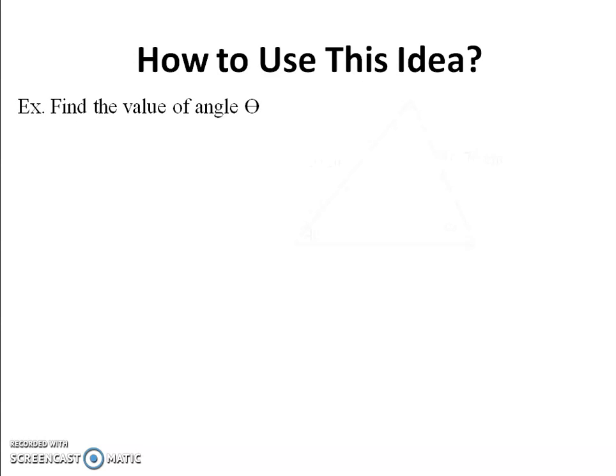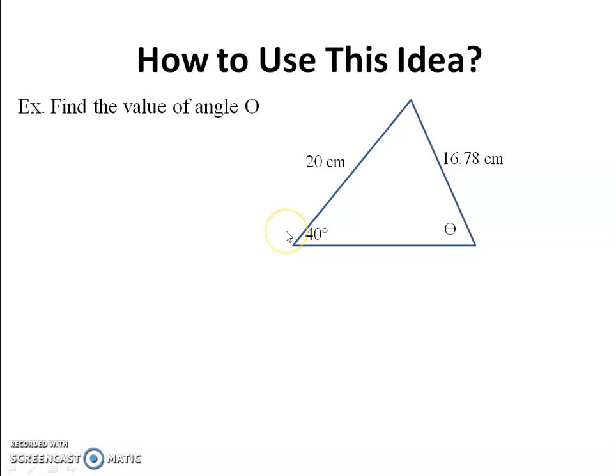So how does this come up? Well, in a question like this, if I was using the sine law, this is only applicable in the sine law, and only if I'm looking for a missing angle. I would set up my ratio: 16.78 over sine 40 is equal to 20 over sine theta. This, by the way, is the same as if you flipped it. Oftentimes we will write sine 40 over 16.78 and sine theta over 20.